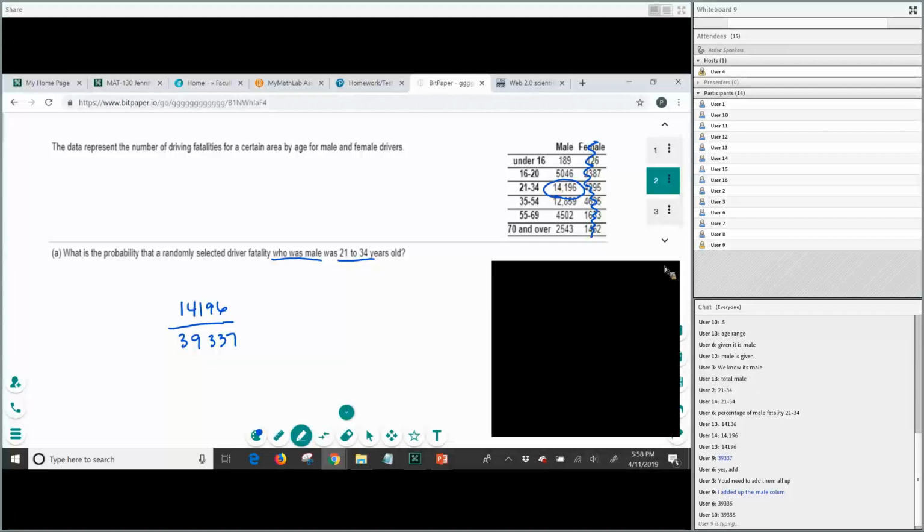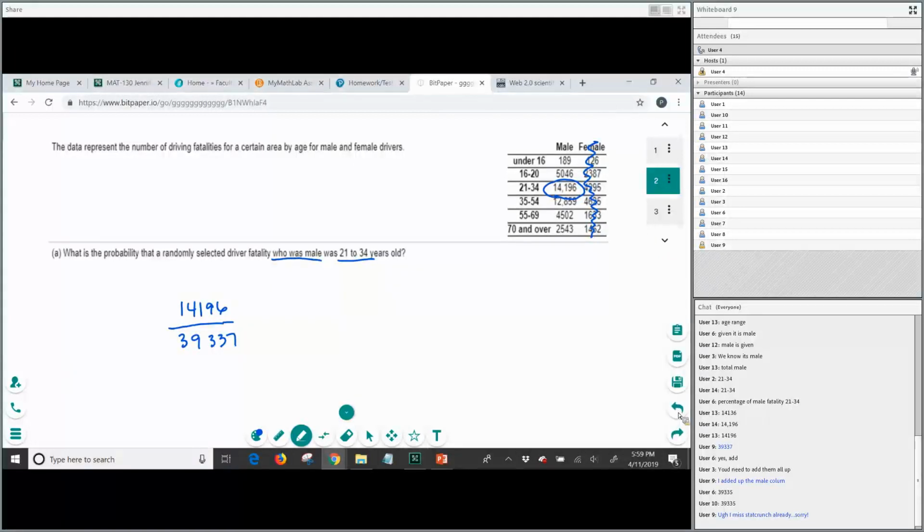I did not throw it in my calculator just yet. James, we're trusting you. Yes. Oh, you get a 5? Okay, let's check. So we're going to do 189 plus 5046 plus 14,196 plus 12,859 plus 4502 plus 2543.